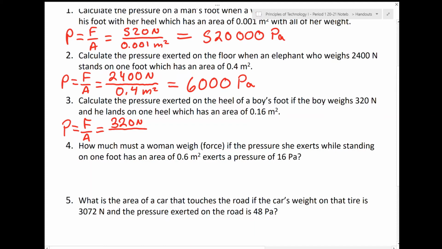We're dividing by the area of his heel, 16/100ths of a square meter. And when we divide 320 by 0.16, we will get 2,000. And as you should know at this point, newtons per square meter is called a Pascal.